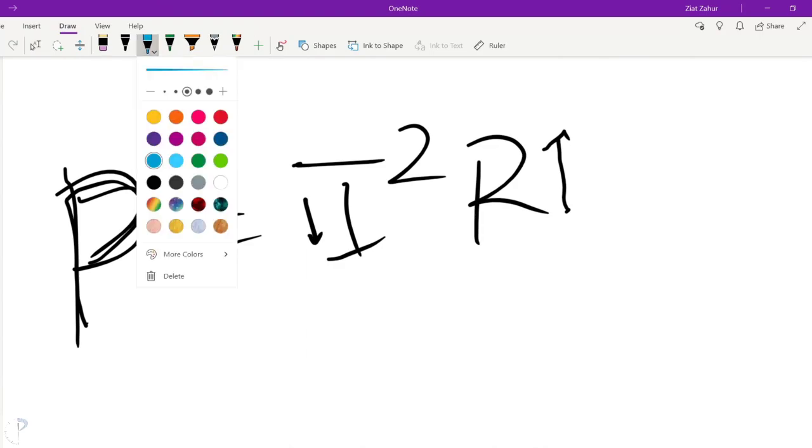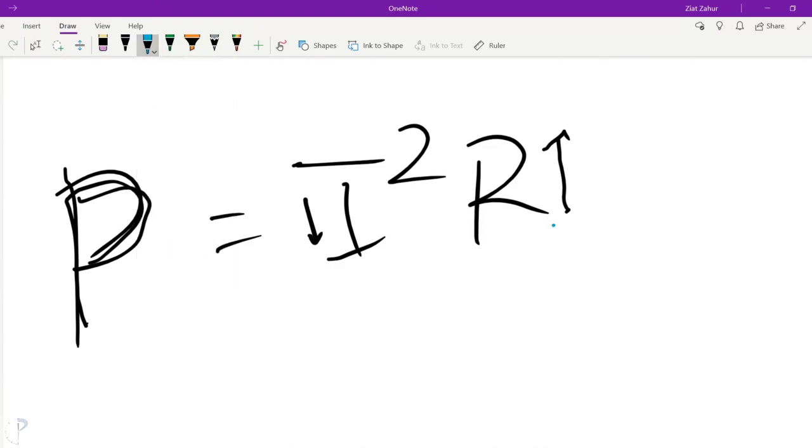If I have more resistance, that resistor in the parallel circuit will actually get less current. But the equation tells you that the current is squared. So the impact of having less current is more in this case, meaning having less current matters more than increasing the resistance.